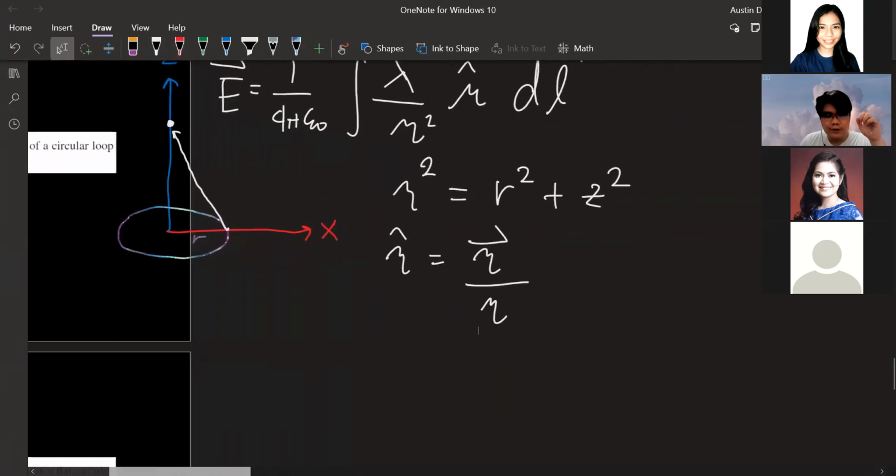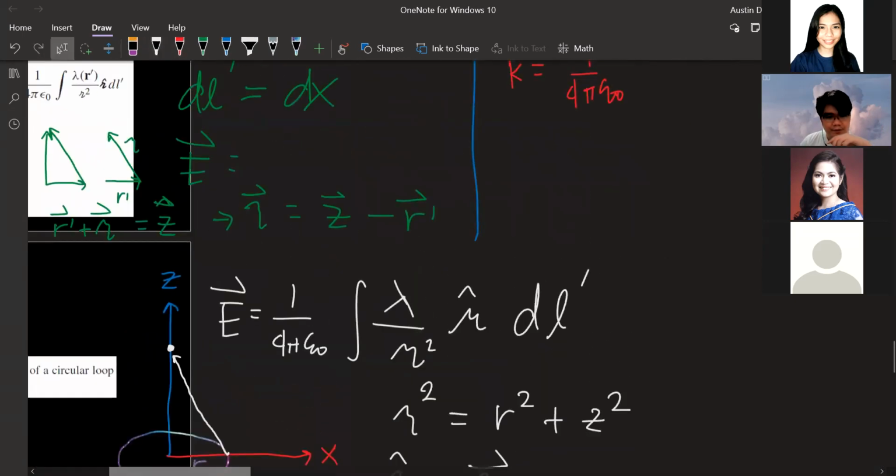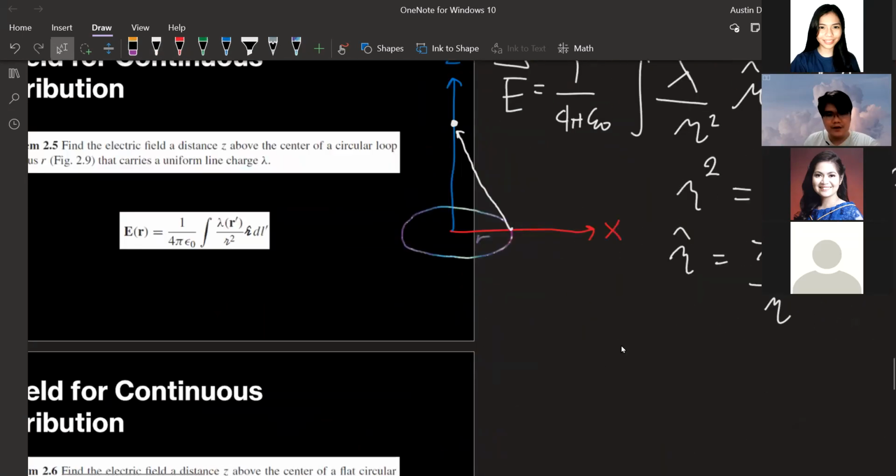But what is your r vector? Curly r vector. Again, di ba yung r vector mo, magkakaroon ka na naman ng, oops, sorry, r vector pala dapat.